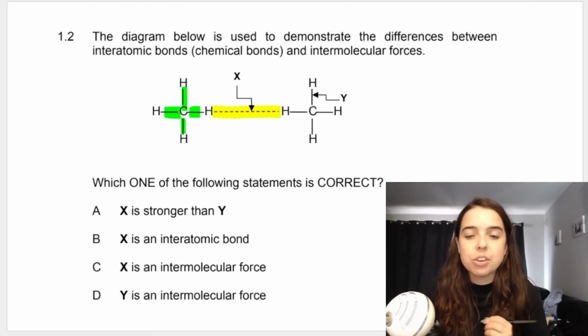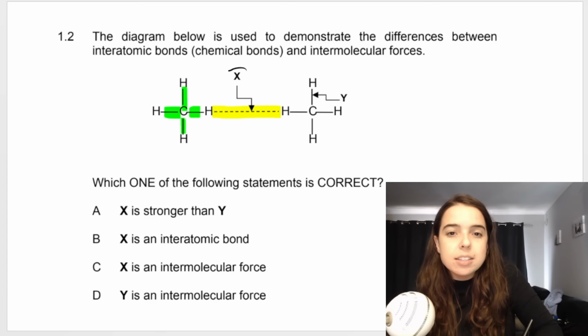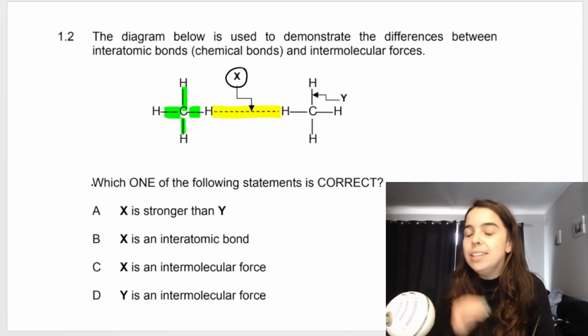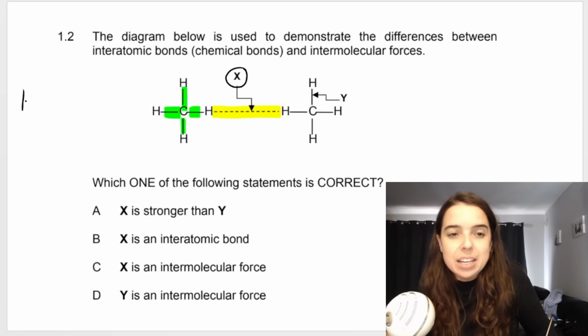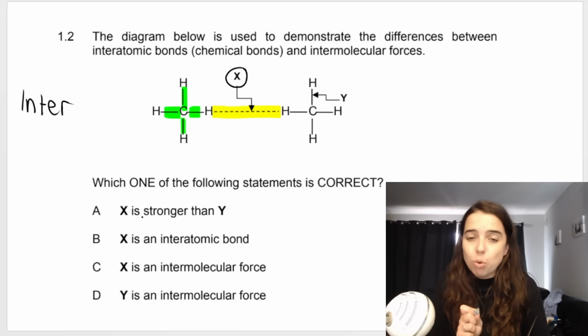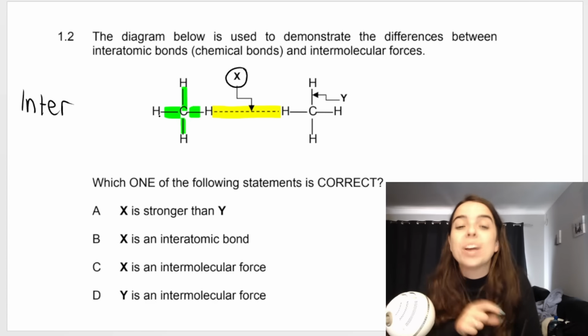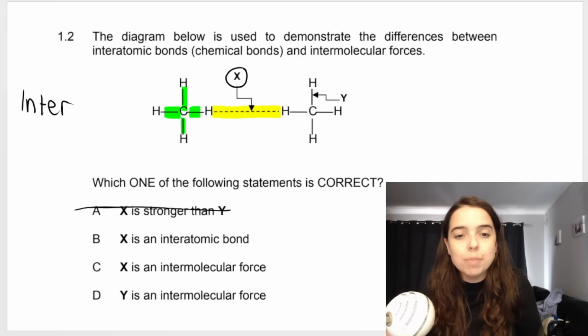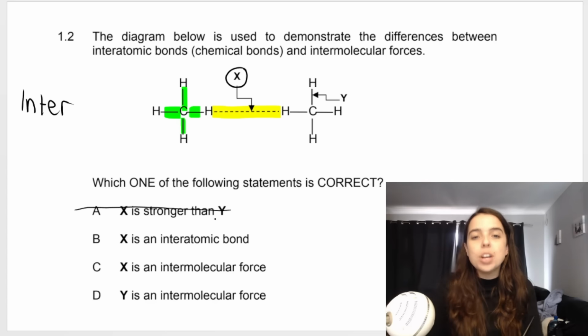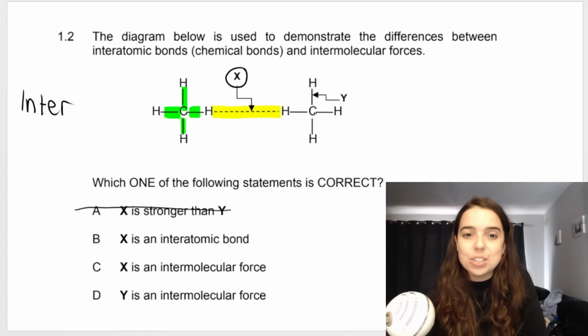So which one is correct? X is stronger than Y. X, that is called an intermolecular force. Inter means between molecules. And intermolecular forces are always weaker than interatomic forces or intramolecular forces. So A is wrong. X is an interatomic bond. No, it's not. Y is an interatomic bond. Remember, inter means between.